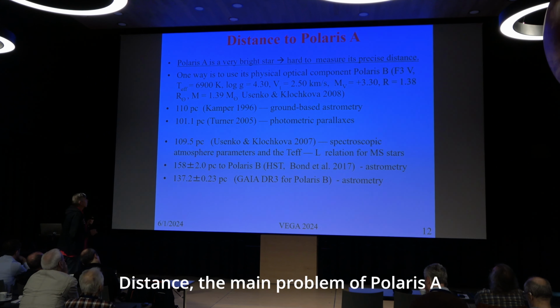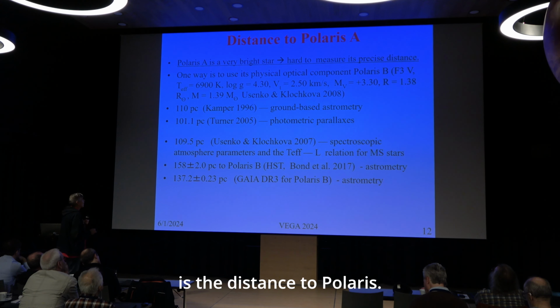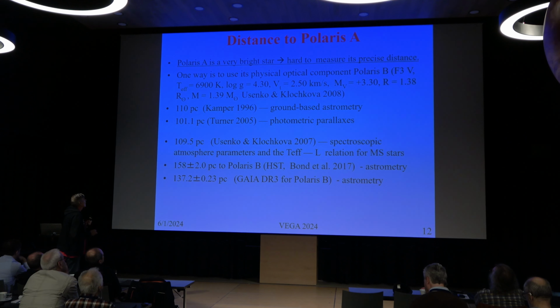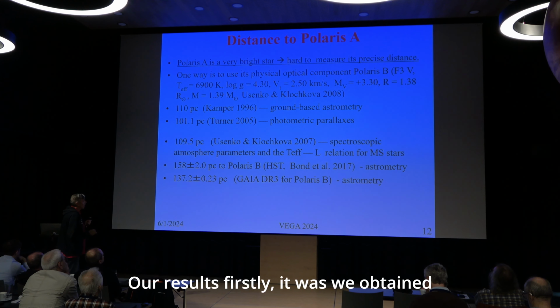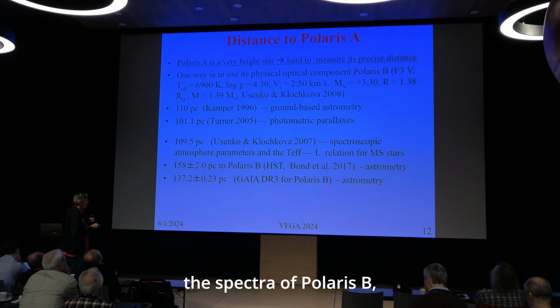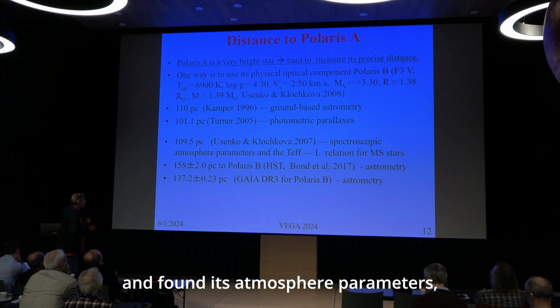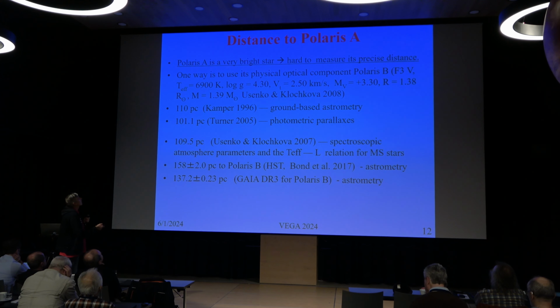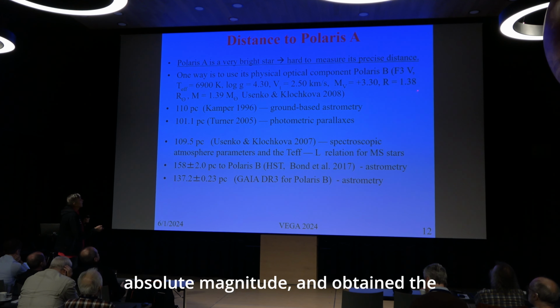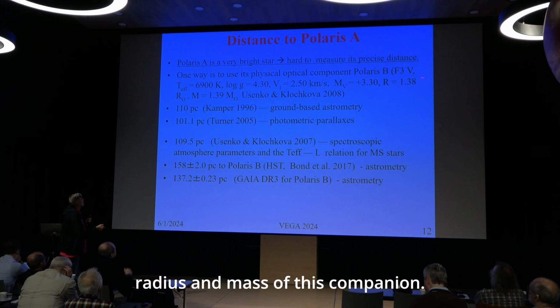Distance. The main problem of Polaris A is the distance to Polaris. Firstly, we obtained the spectra of Polaris B using the 6-meter telescope and found its atmosphere parameters and absolute magnitude, and obtained the radius and mass of this companion.